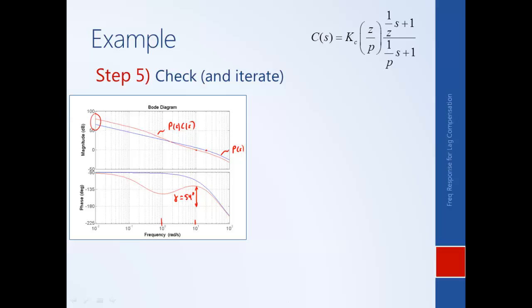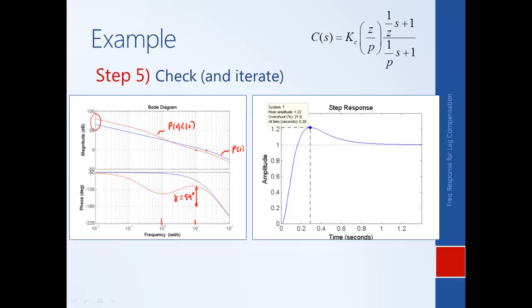So we might not have gotten the overshoot that we desire, but we need to check anyways because those relationships were approximate. So if I go ahead and look at the closed loop step response, this is what I get. And I can see that the overshoot is much larger than the 10% that I desired.